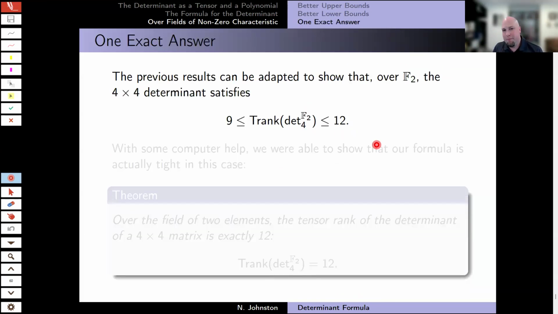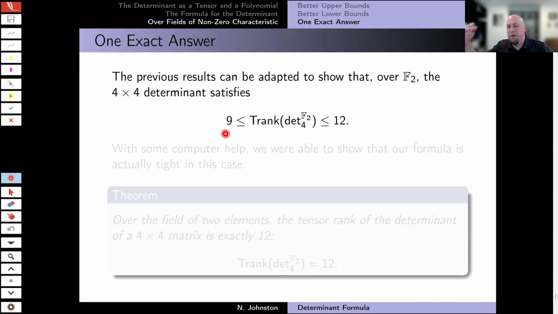And if we try to improve things a little bit more, if we hyper focus now so that we're looking at the field F2, the field with just 2 members in it, can we get some exact answers finally? We've got upper bounds, we've got new lower bounds, how tight is everything?